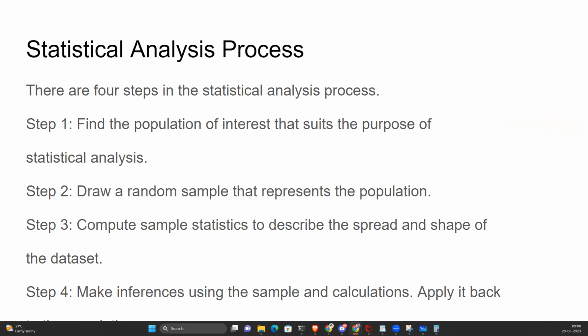Number one, find the population of interest that suits the purpose of your statistical analysis. Number two, draw random samples that represent the population.